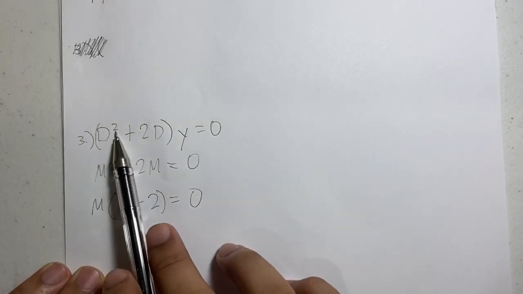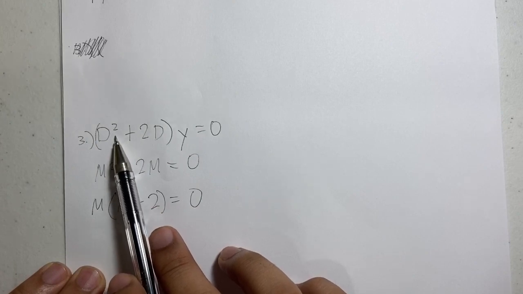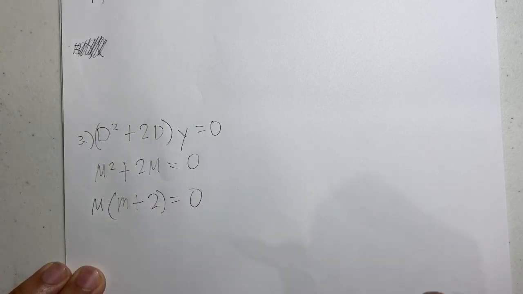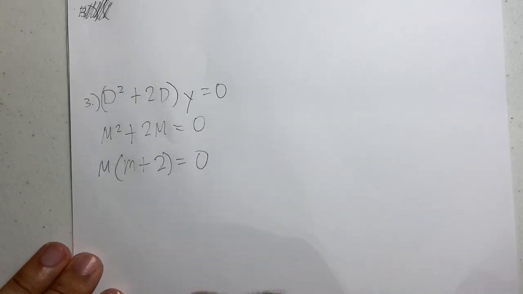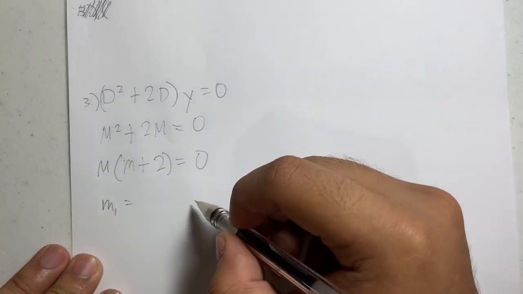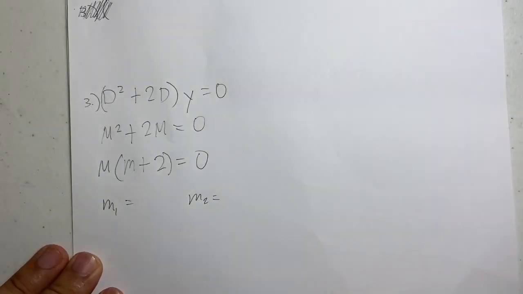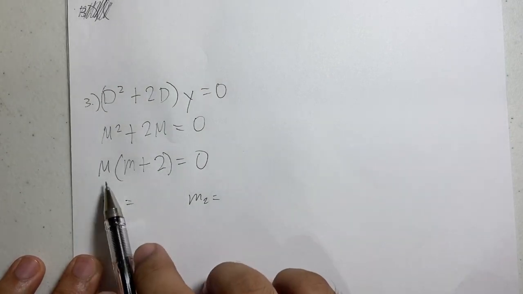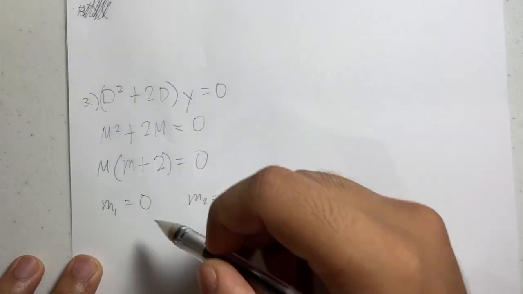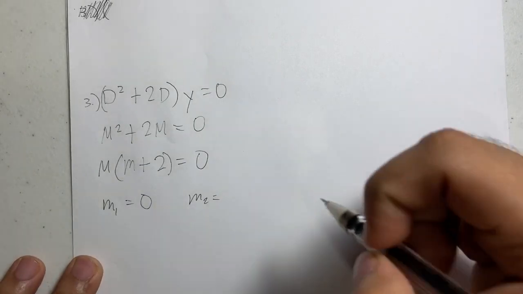Since it is second degree, we will have two roots, m1 and m2. So our m1 will be 0 and our m2 is negative 2.